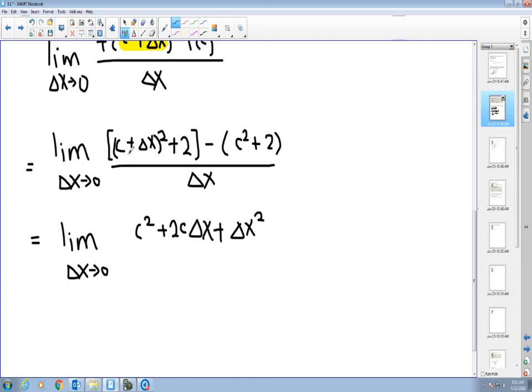Perfect square binomial: a plus b, the whole thing squared, is a squared plus 2ab plus b squared. Then plus 2, minus c squared, minus 2, whole thing over delta of x.